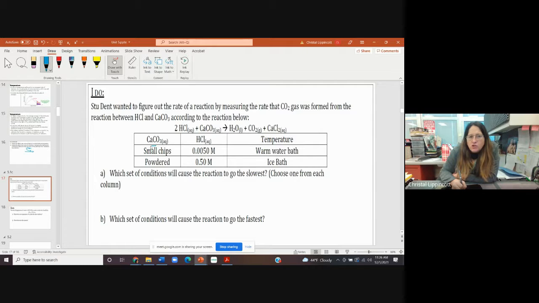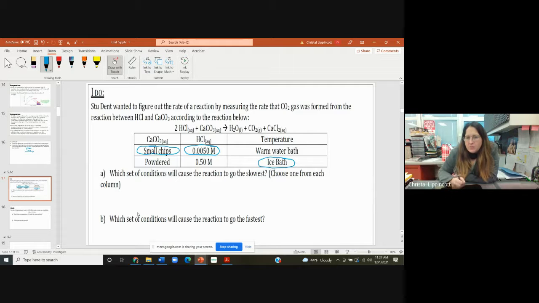Okay, small chips, I'm buying that. Yep, this guy, the molarity is less. And if we could put it in an ice bath, okay? So small chips is bigger than powder. So if we could have these three things occur, that's going to cause the slowest conditions.